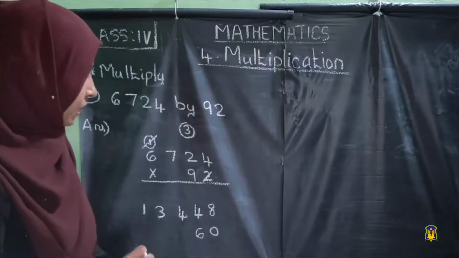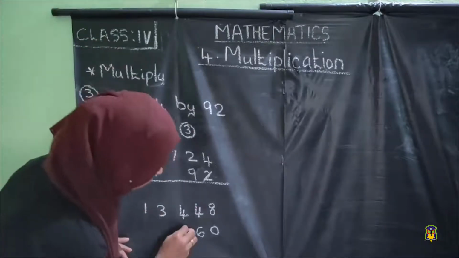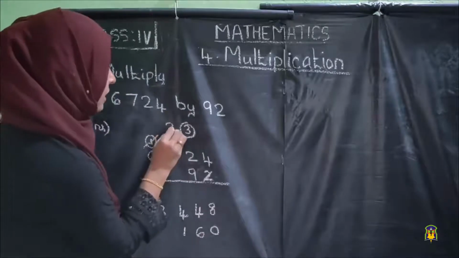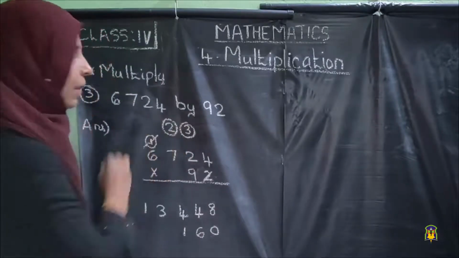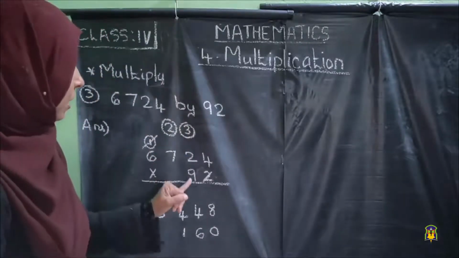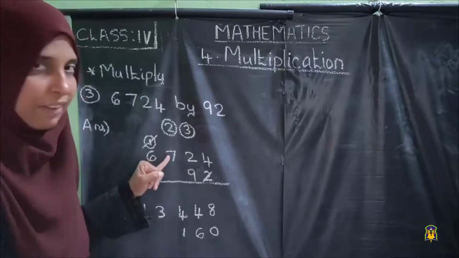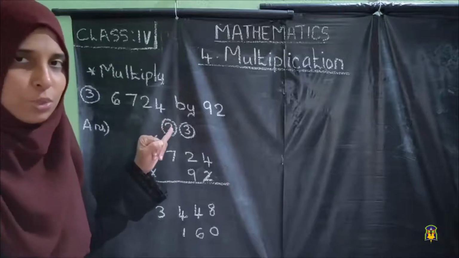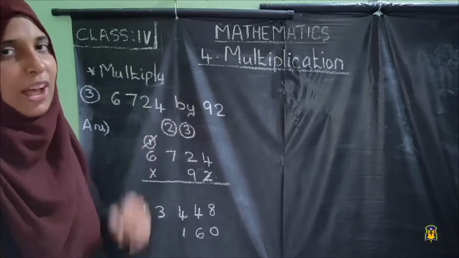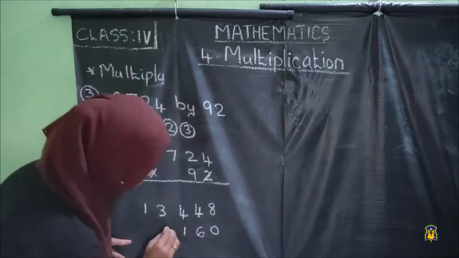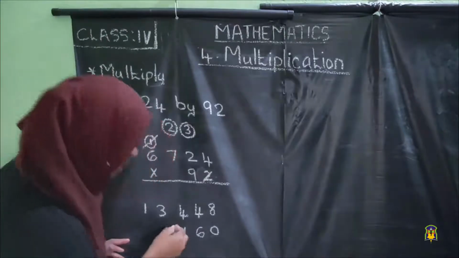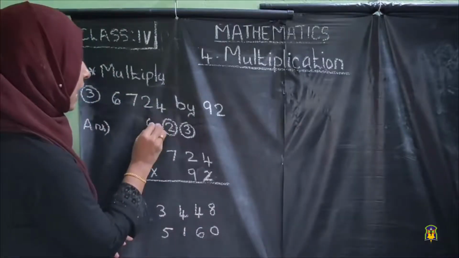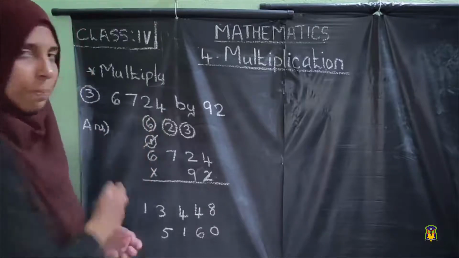So in 21, we want to write 1 here and 2 as carryover above the next place. Then tell me children, what is 9 into 7? 9 into 7 is 63. 63 plus 2 is 65. So in 65, we can write 5 below the next place and 6 as carryover above the next place.